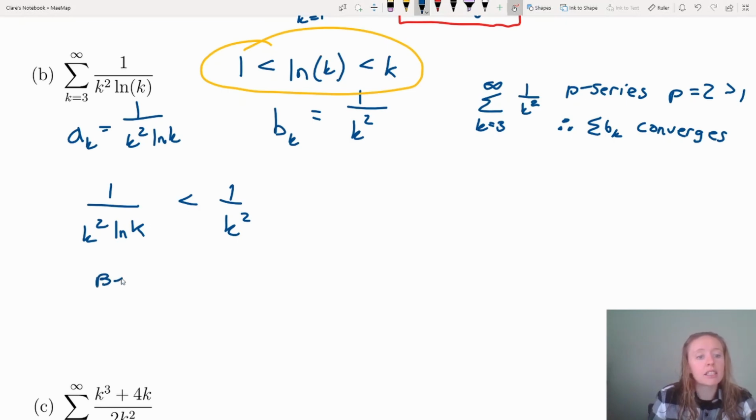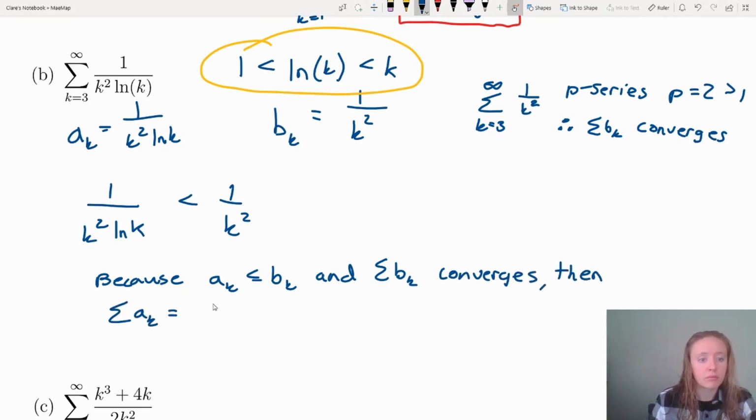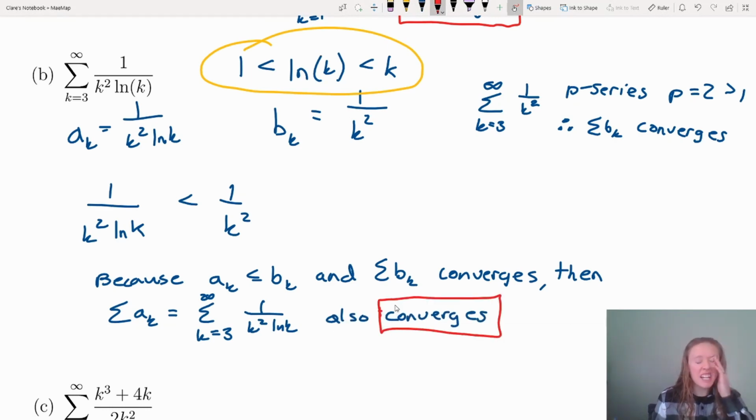So because a sub k is less than or equal to b sub k, and we showed that our series of b sub k converges, then our series for a sub k also converges.